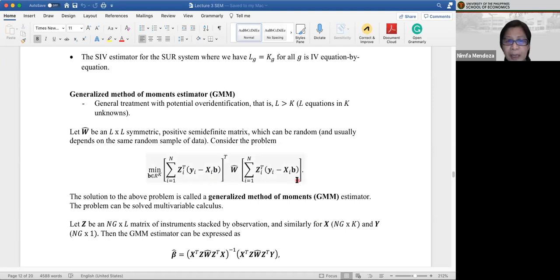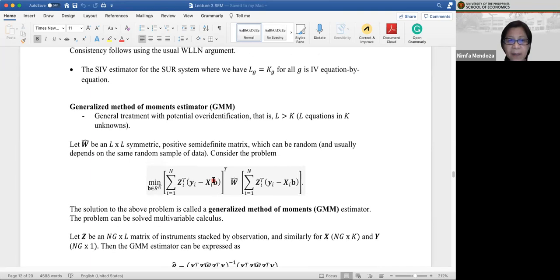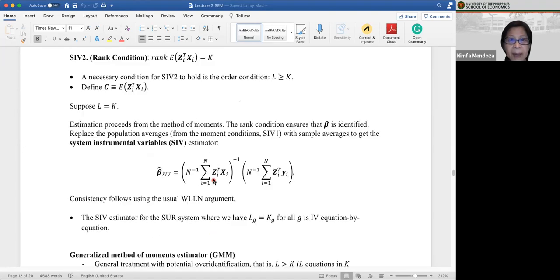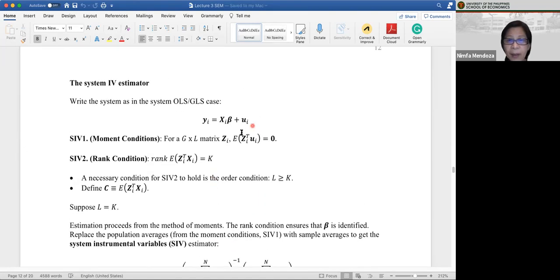If you look at this expression, you have C sub I, Y sub I minus X sub I B. So that is C sub I transpose U sub I hat, where B is the estimator for beta.